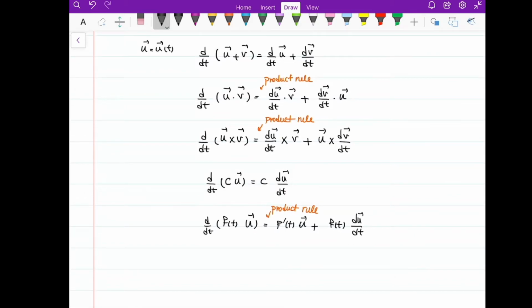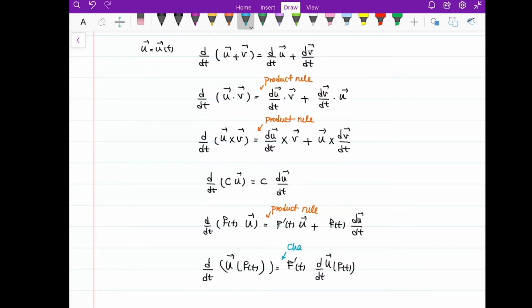If I have a vector function at f of t, then the derivative of that would be the derivative of the function that is inside, times the derivative of the vector function at f of t.